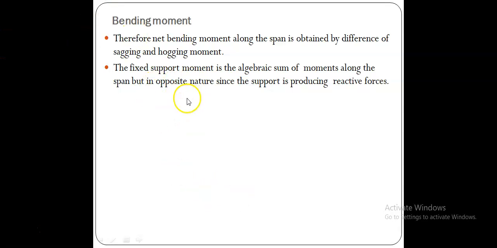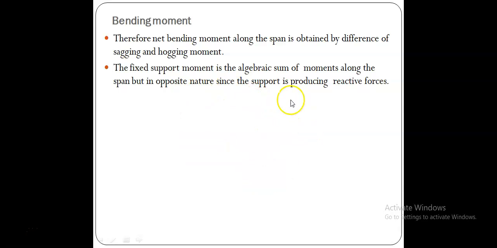and its opposite nature of couples or direction is what we simply introduce at that fixed support. Suppose the fixed support is at the right side and the span moments are force into distance with respect to this support, producing anti-clockwise moments.